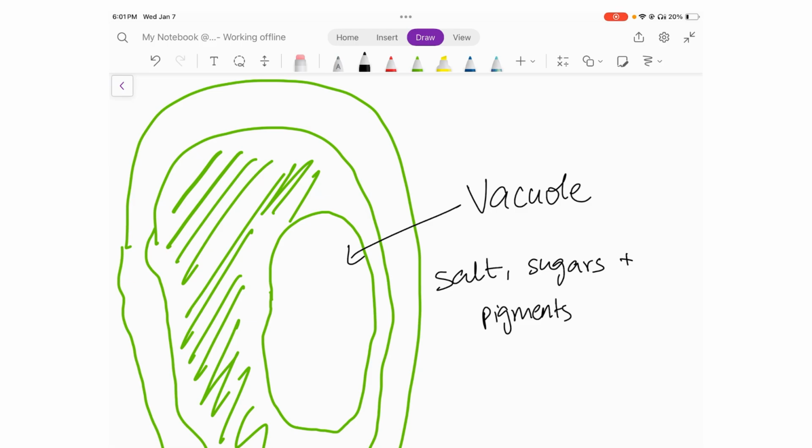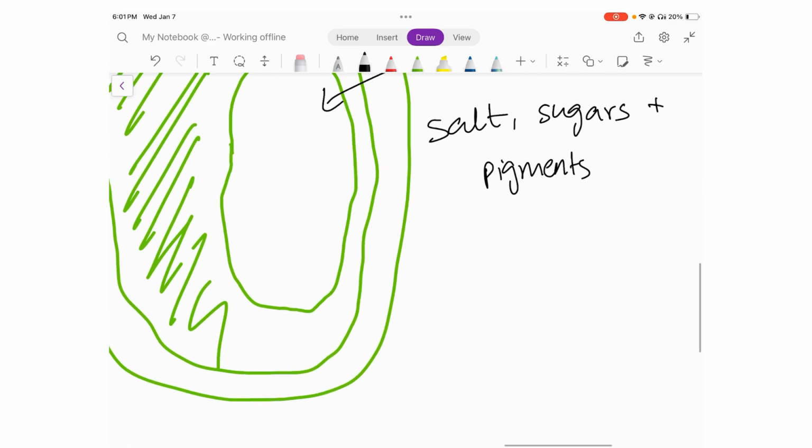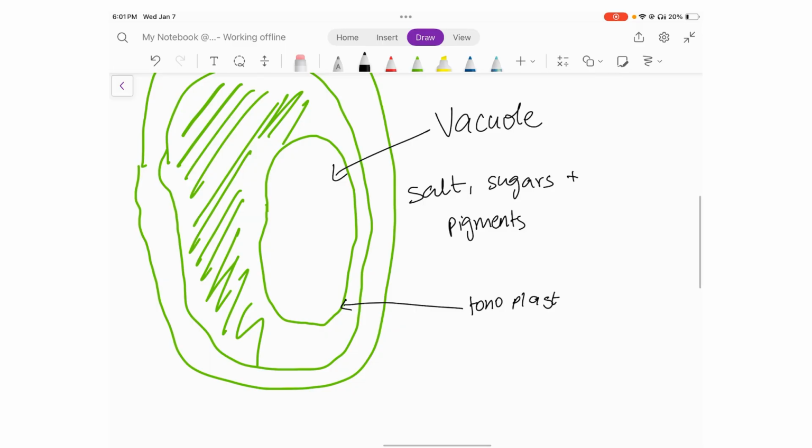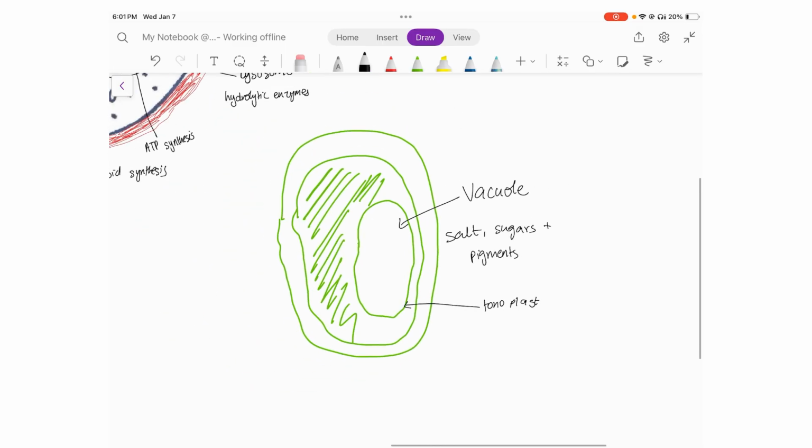Now, this vacuole has its own membrane-like structure over here known as a tonoplast. And it's simply just the membrane. It allows for basically transport of these items inside the vacuole.